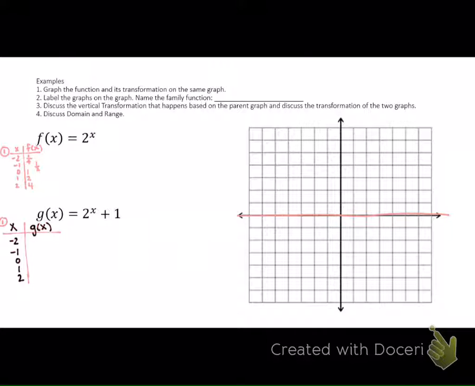Alright, so I got my first table there. I have 1/4, 1/2, 1, 2, and 4. Does anybody not have those values for theirs? Okay, go ahead and get those plotted for me. So go ahead and plot that first function. And then we'll work on the next one.